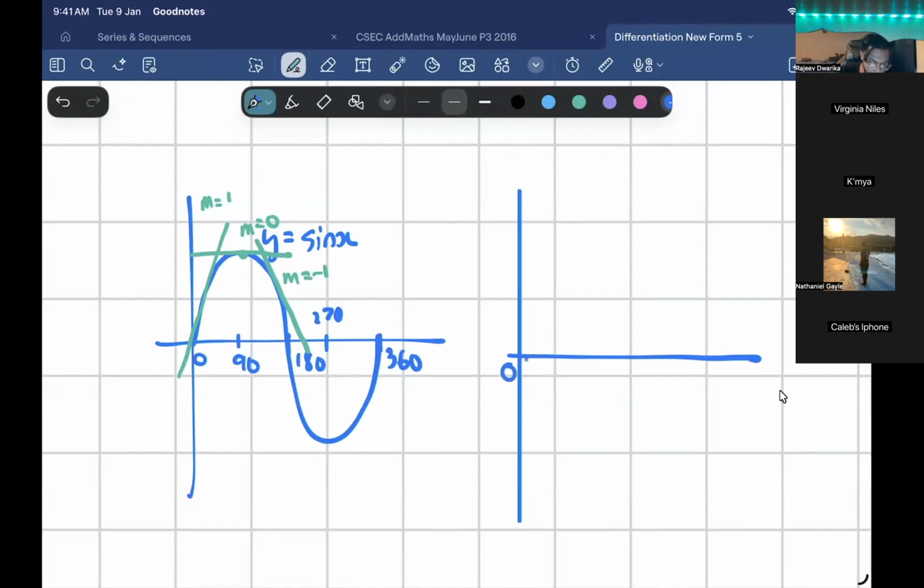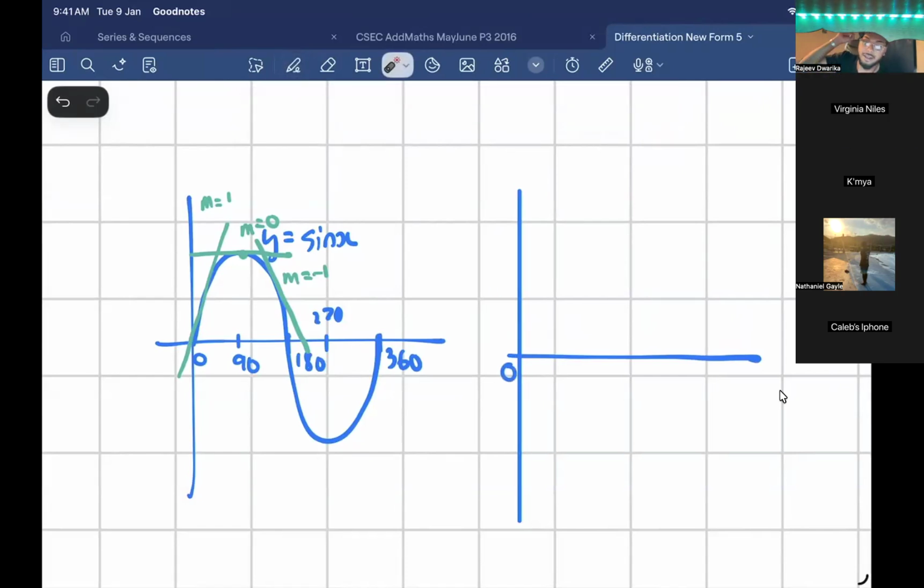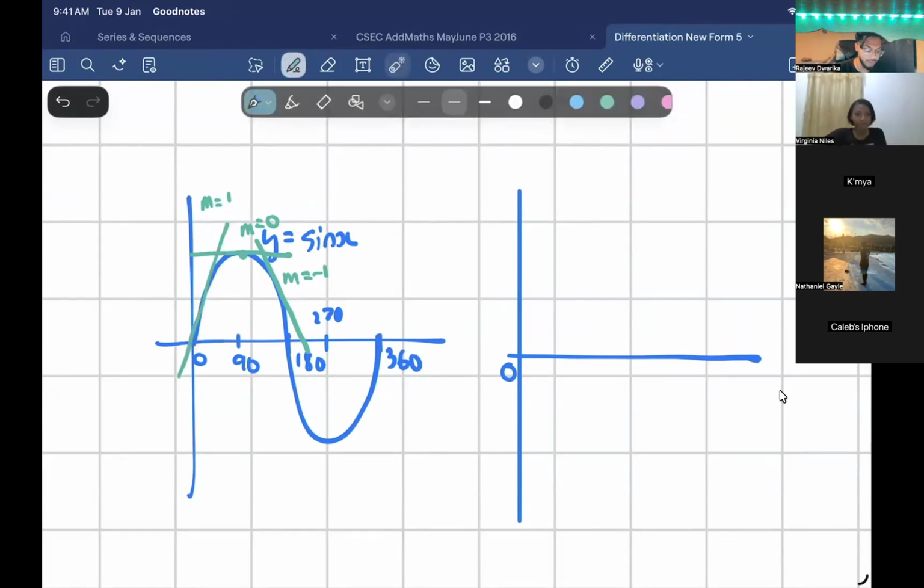When we start off at 0, let's think. dy dx is just the gradient function. So look at this for yourself. What do we start off with as the gradient? 1.